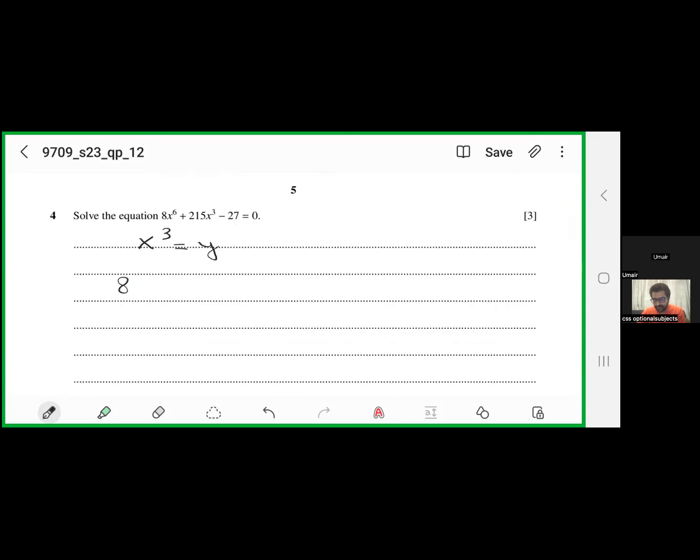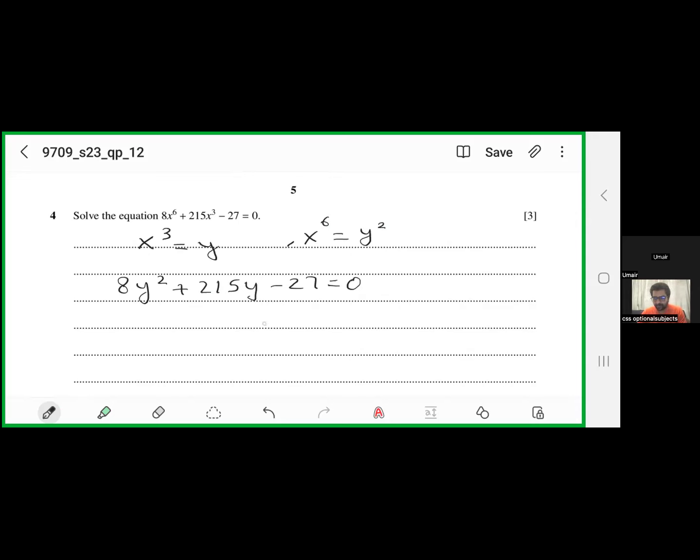Then 8x power 6 will be equal to y square. 8y square plus 215y minus 27 is equal to 0. This is called substitution. You can also factorize this equation as well.